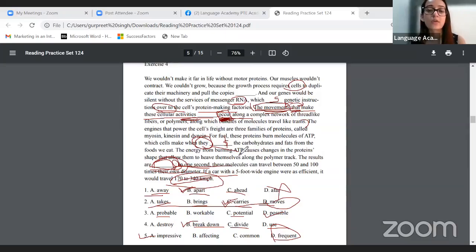They are not destroyed or used or divided, but yes, the food is broken down. And the results are impressive because of the explanation that they have given, that they are comparing it with the speed of the car. And it's really impressive how our body works so fast, faster than a car.